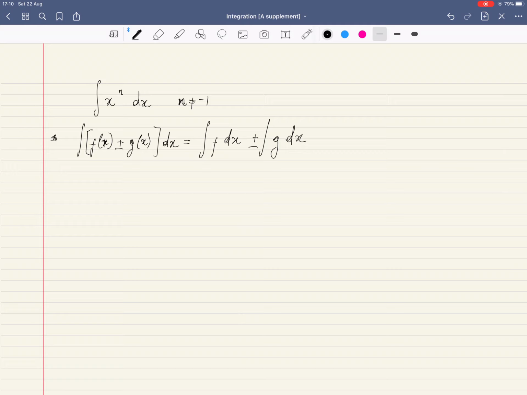Another property which will be quite useful to us is what happens if now you don't have a sum, but you have a scalar multiple of a function. That is, you are given a task to carry out the integral of, let's say, something like c times f of x dx. And you're told that c is a constant.